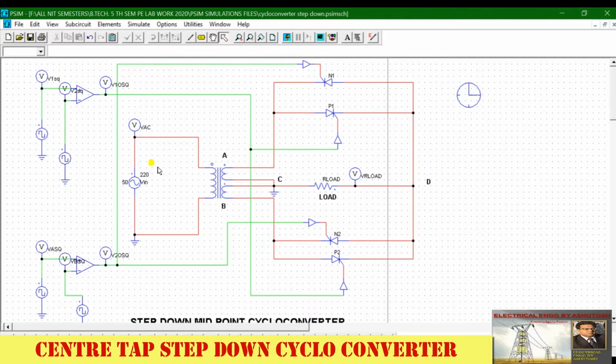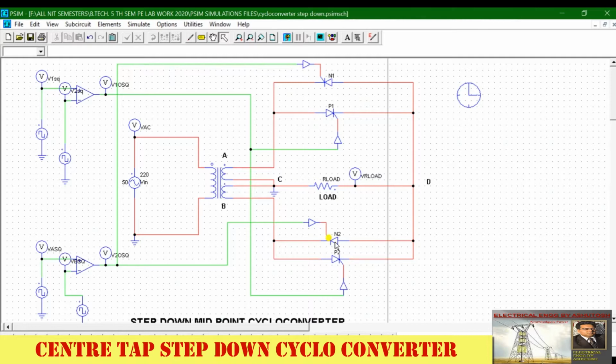I have given a 50 Hz input supply, and there are two pairs of thyristors. You can see here P1 N1 and P2 N2. In the upper half, two thyristors are connected, one is reversed, and here also in the group of two thyristors, one is reversed. So P1 and P2 are the positive group of thyristors, and N1 and N2 are the negative group.